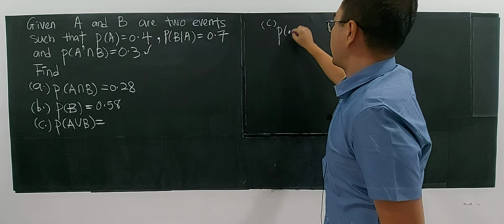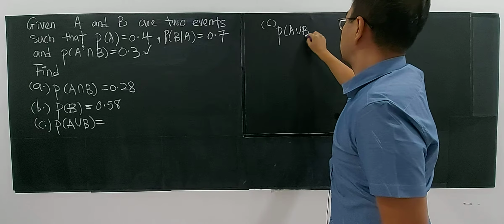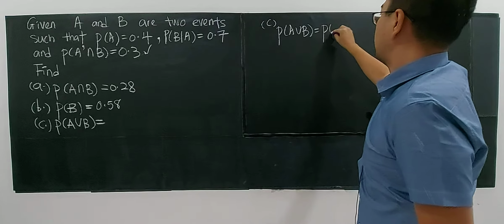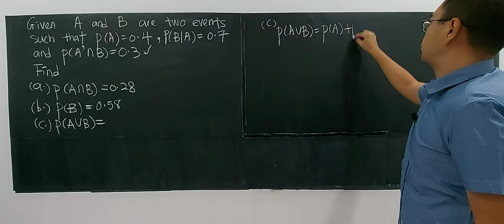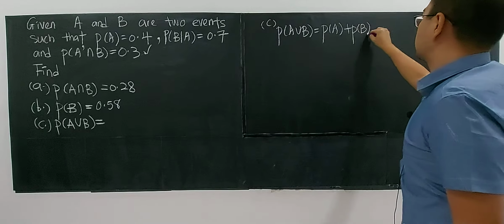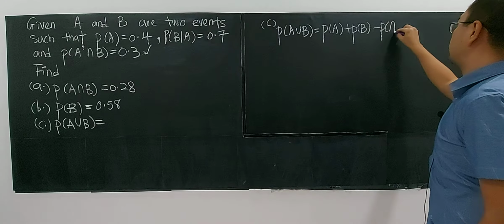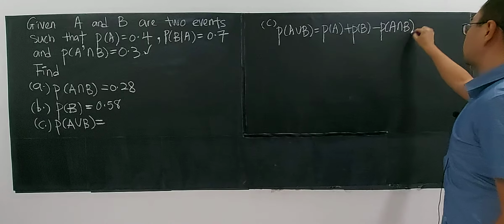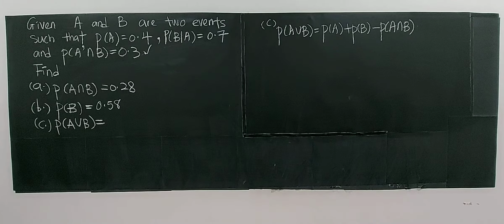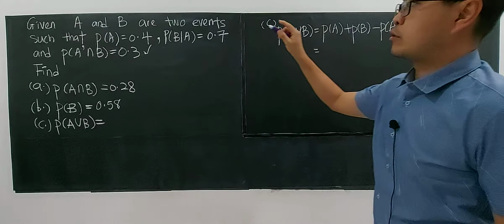Apply the formula for A union B, which will be P(A) plus the probability of event B minus the probability of A intersect with B. Then you can use all the information given.